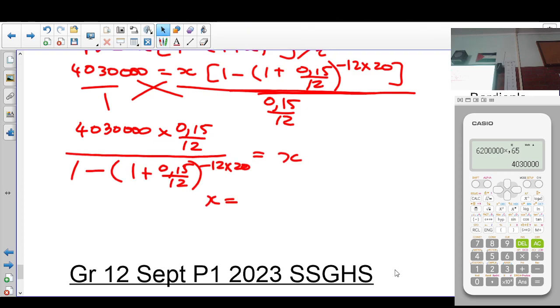So x, the monthly installment, works out to be 4,030,000 times 0,15 over 12, over 1 minus 1 plus 0,15 over 12 to the exponent negative 12 times 20.